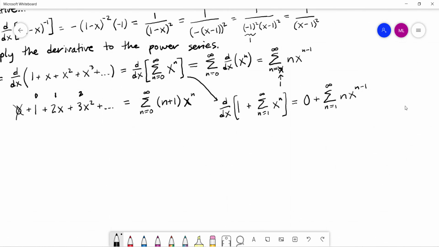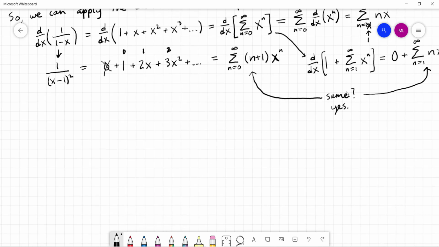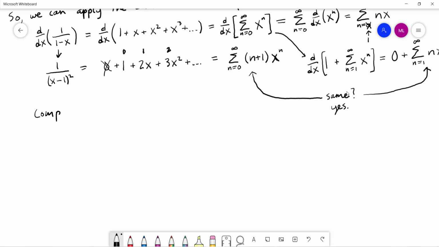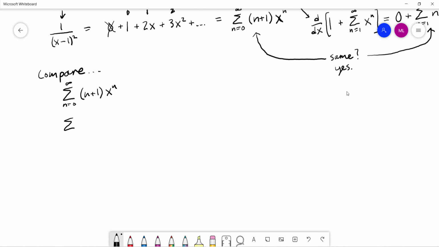Are these the same? These two different representations, are they the same? And the answer is yes. If I go back and now just reindex this to 0. So let's compare. I have the sum from n equals 0 to infinity of (n plus 1) x to the n, and the other one I have the sum from n equals 1 to infinity of n x to the n minus 1.